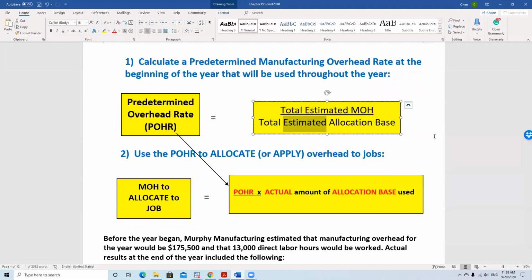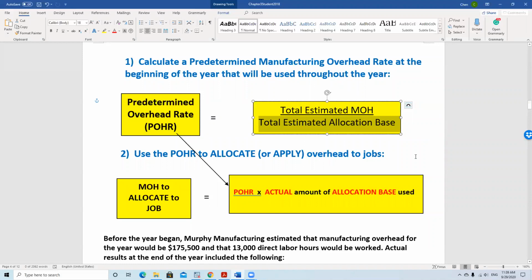At the beginning of the year, you're going to estimate the total MOH to be used all through the year. It's based on maybe your prior experience, and then you have this total estimated MOH amount, and you also have to have a total estimated allocation base.